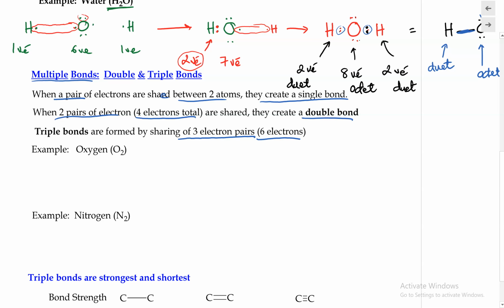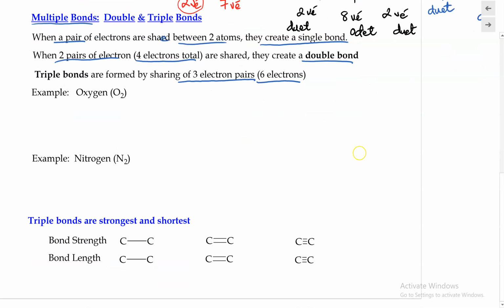So in certain substances, we may find multiple bonds existing between atoms. For example, oxygen. Oxygen is a case where we will observe the formation of a double bond between the two oxygens. And here is the explanation why. If we look at each oxygen's dot symbol, it is as follows.